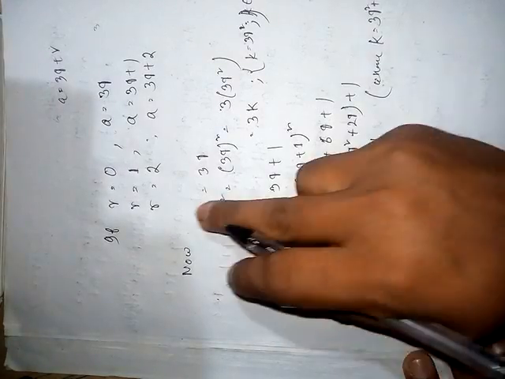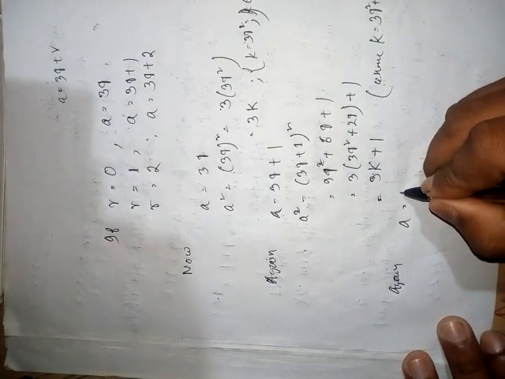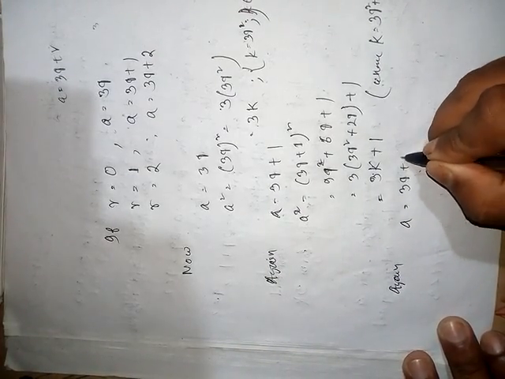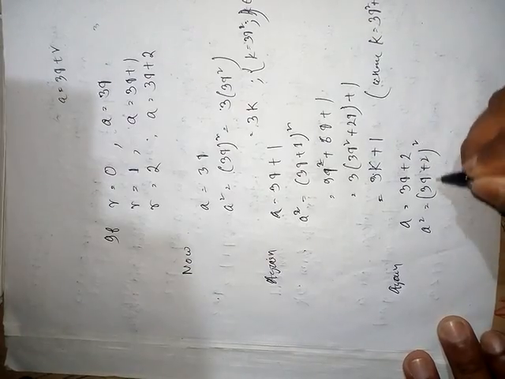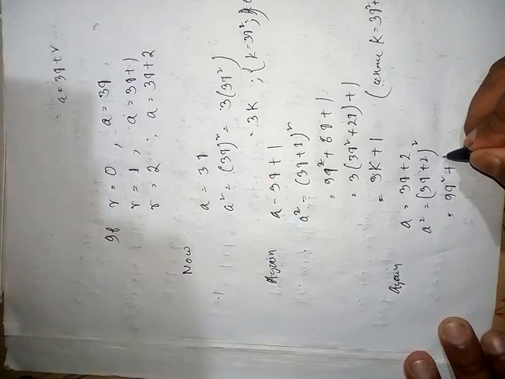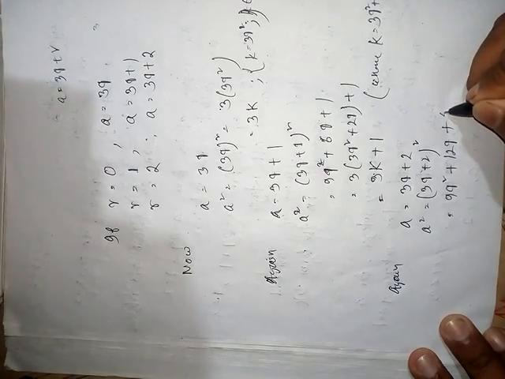Similarly, if a equals 3q plus 2, then a square equals 3q plus 2 whole square, which gives 9q square plus 12q plus 4.